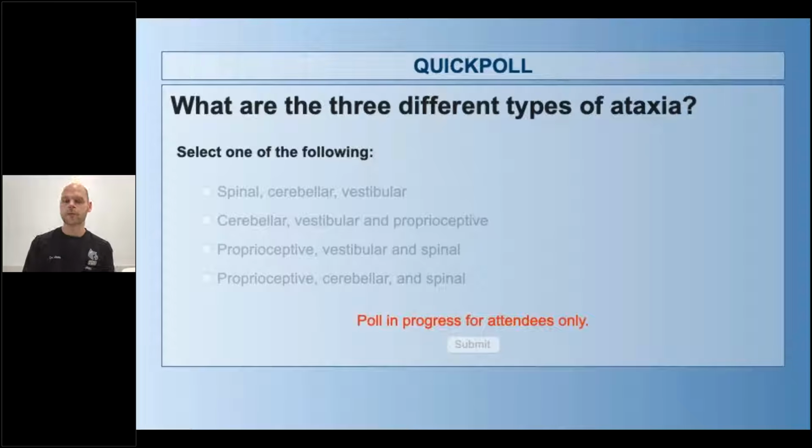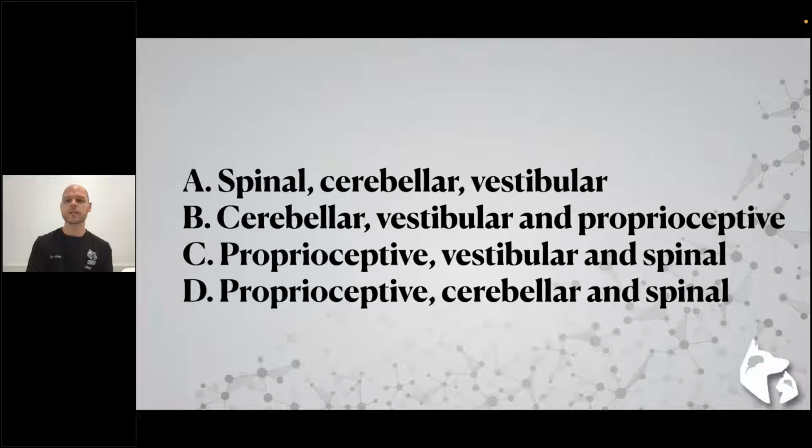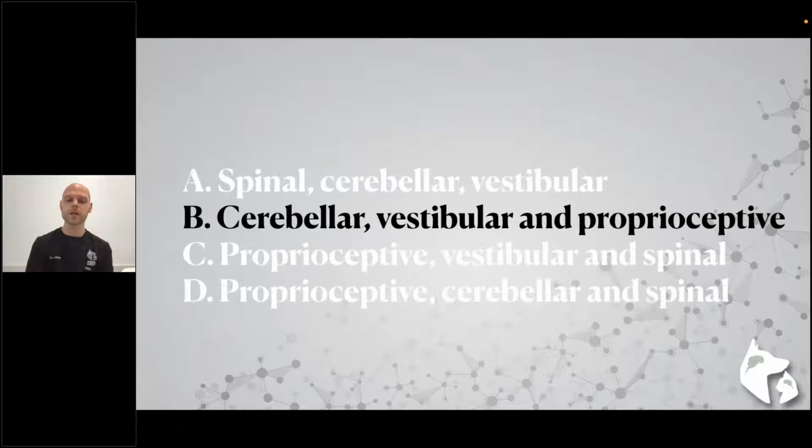So looks like the majority, we have 30% for A, about 54% for B, 9% for C, and about 8% for D. So the correct answer would be B. So the three types of ataxia there are cerebellar, vestibular, and proprioceptive.